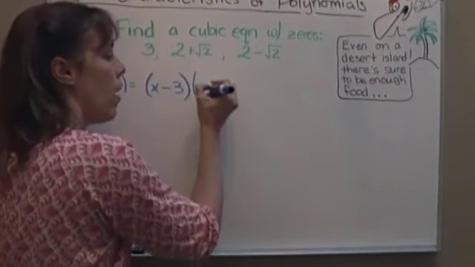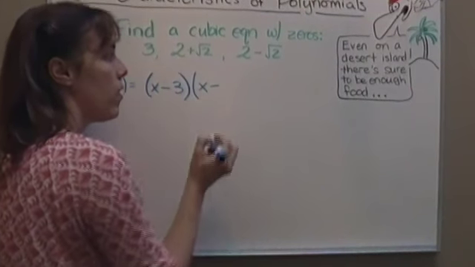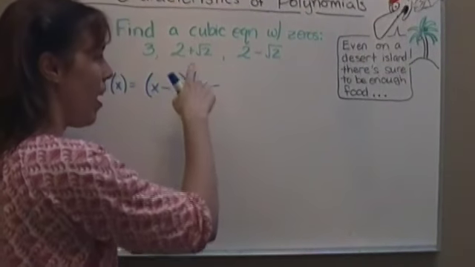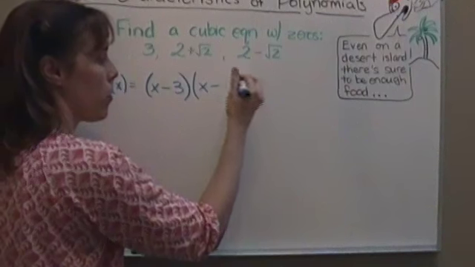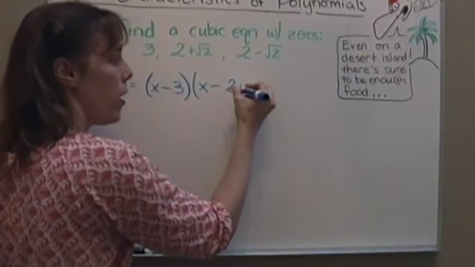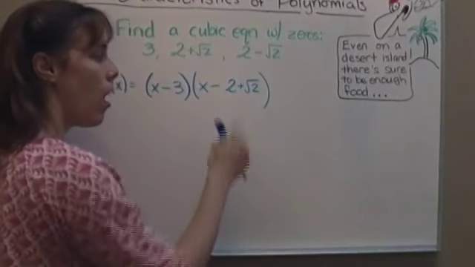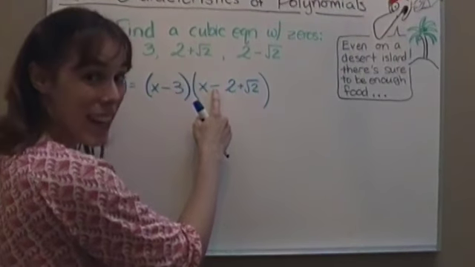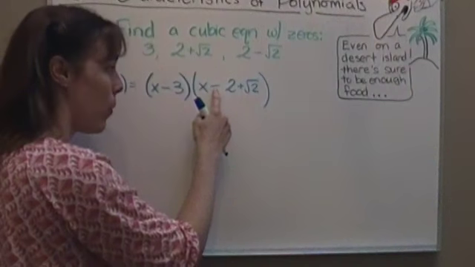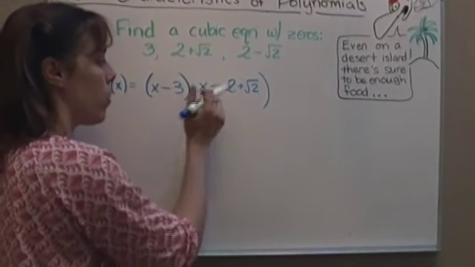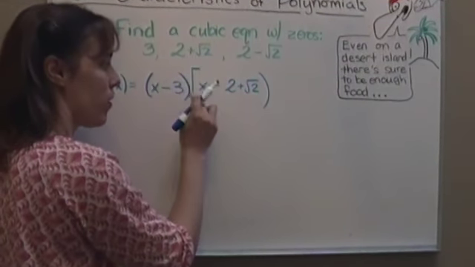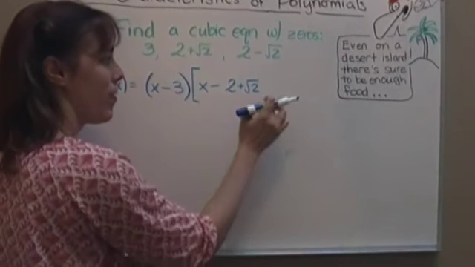Alright. X minus, I've got to put 2 plus root 2 as the root. But if I do this, I'm not distributing this negative. So, you're going to have to use brackets. I know, you don't like them, do you?